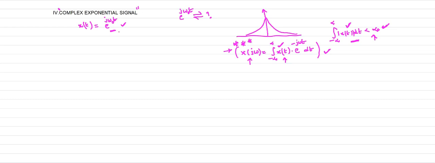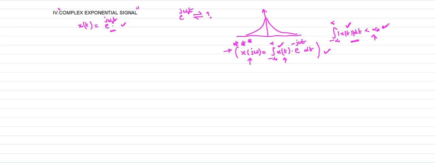Now if we observe this complex exponential signal, this is not a converged signal, because whenever the t increases, the magnitude of the function increases. At time t equal to infinity, the signal reaches infinity in magnitude. So this is not an absolutely integrable signal.